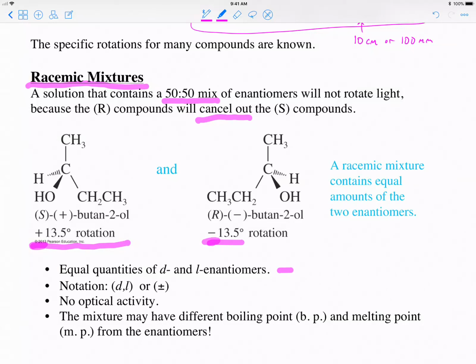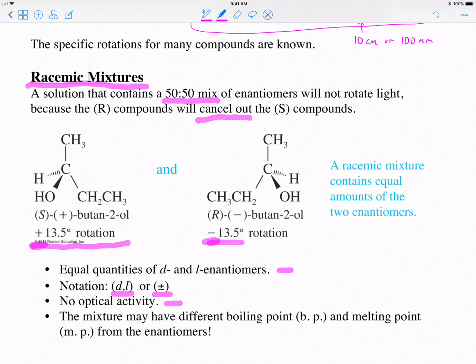That means that we have equal amounts of the D and the L enantiomers, or the dextrorotatory and levorotatory enantiomers. We can note this by putting little parentheses and saying DL, or the little parentheses and saying the plus minus. This will have no net optical activity because the two cancel each other out if there's a 50-50 mix.